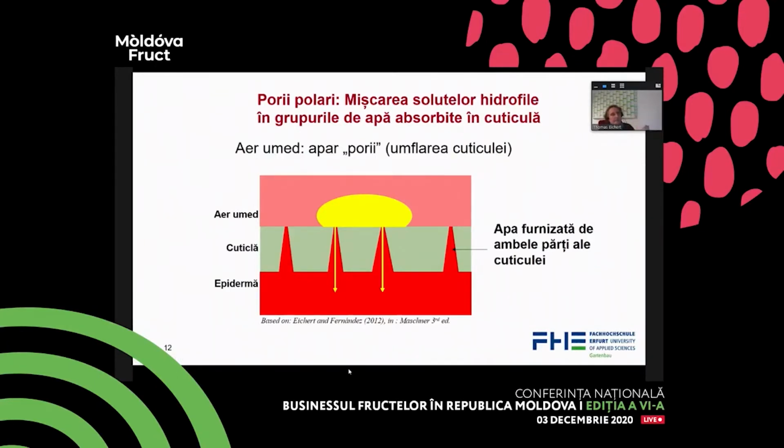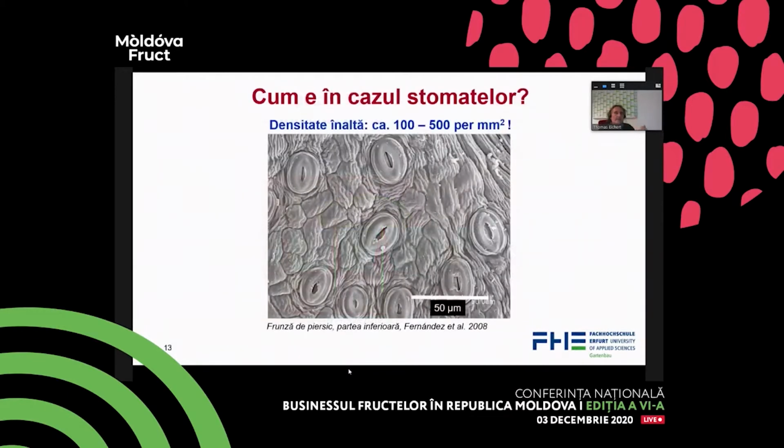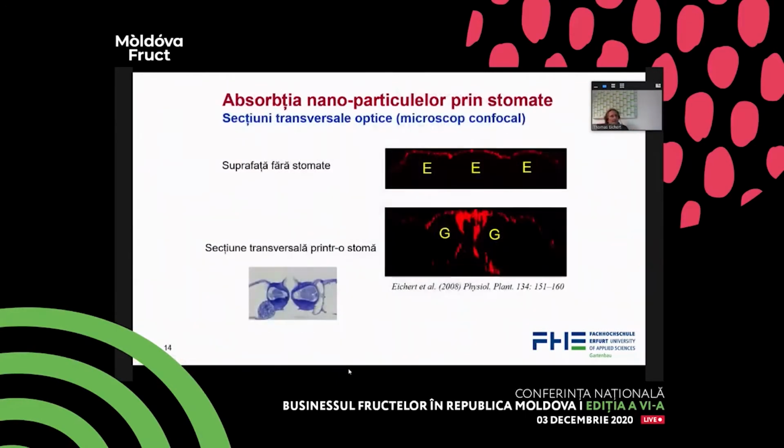The second one, the stomata, has been under debate for many, many years. People doubted that stomata play a role. I studied this in my PhD thesis, and we provided some evidence that it actually works, that stomata may contribute to foliar uptake. One of the latest milestones in showing that stomata play a role was with nanoparticles.